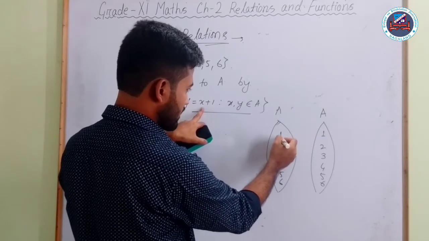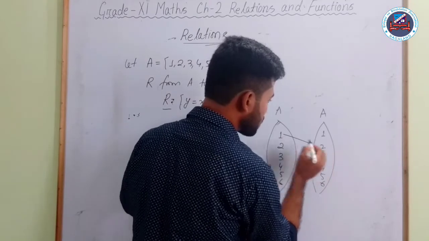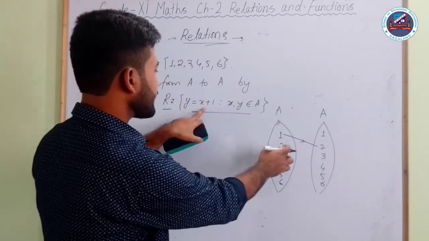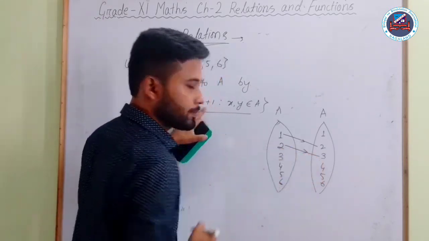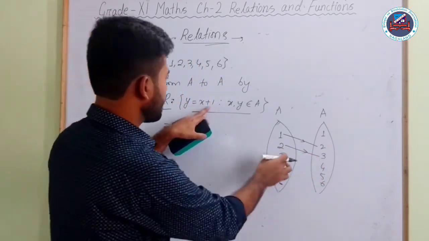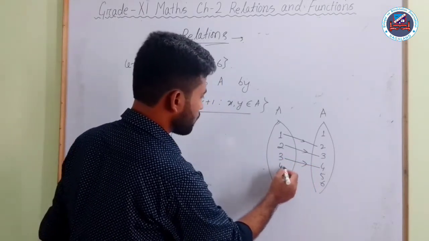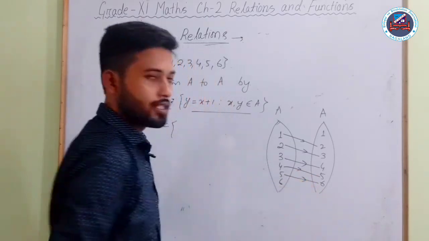If x is 1, then 1 plus 1 will be 2. That means 1 is connected to 2. Again, if I take the second element, 2 plus 1, that is 3, so 2 is connected to 3. Third element, 3 plus 1, 3 is connected to 4. Fourth element, 4 plus 1, 4 is connected to 5. Fifth element, 5 plus 1, 5 is connected to 6.